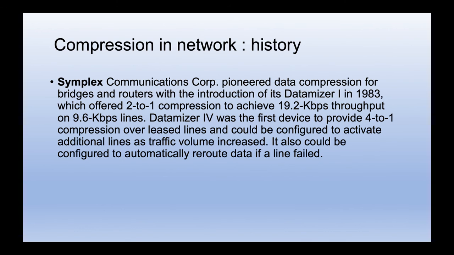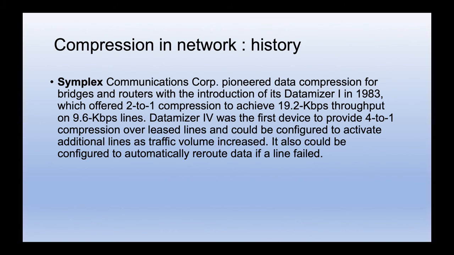Okay, the next part is about the history of compression in network. In the past, there was a corporation named Simplex Communications Corporation that pioneered data compression for bridges and routers with the introduction of its Data Miser 1, the Type 1, in 1983, which offered 2-to-1 compression to achieve 19.2 kbps throughput on 9.6 kbps lines.